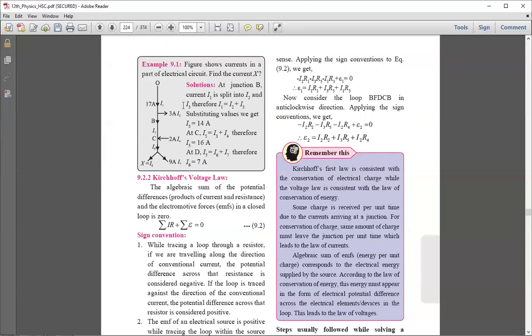Hope you have understood this problem. Most of the time such questions are asked in the CET exam or NEET exam also, where more than 3 or 4 junctions are given.